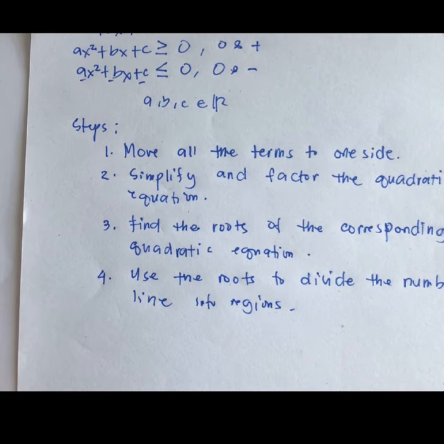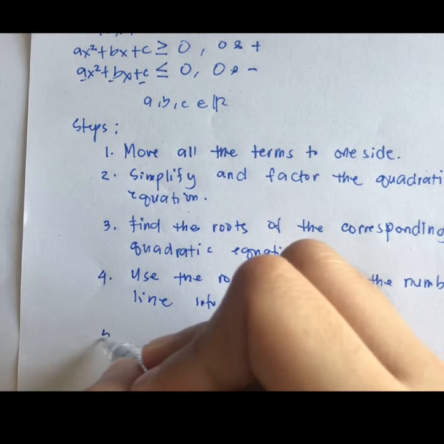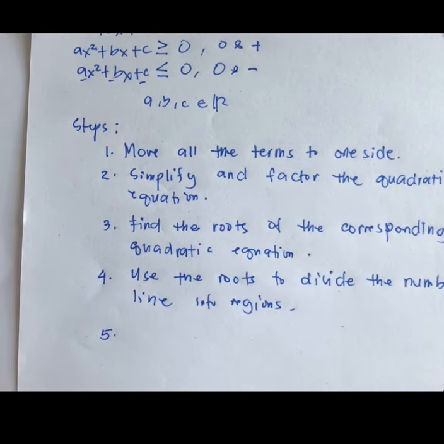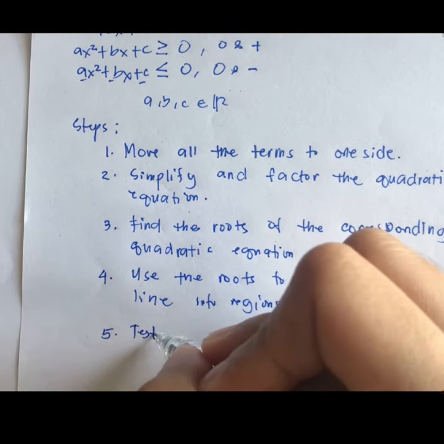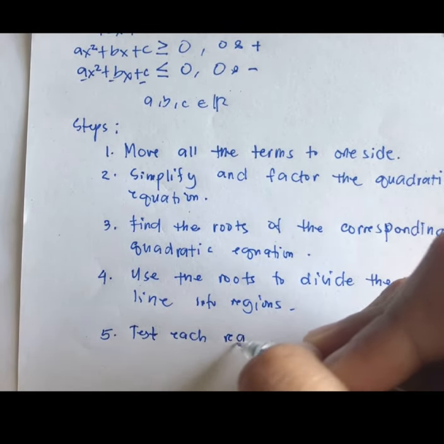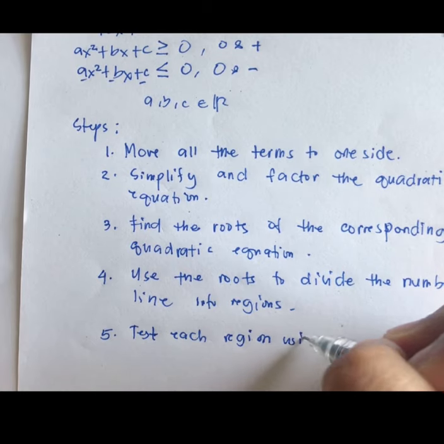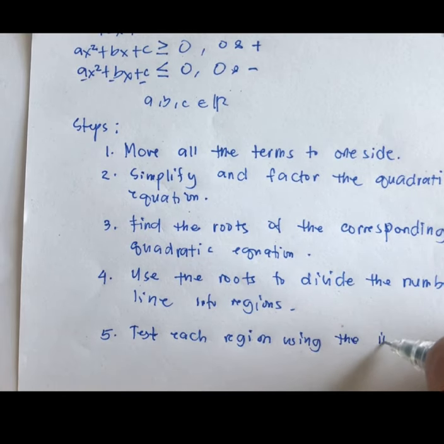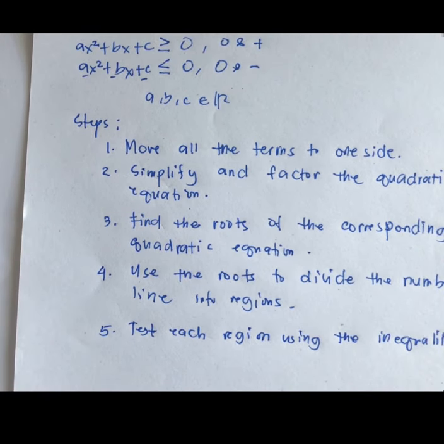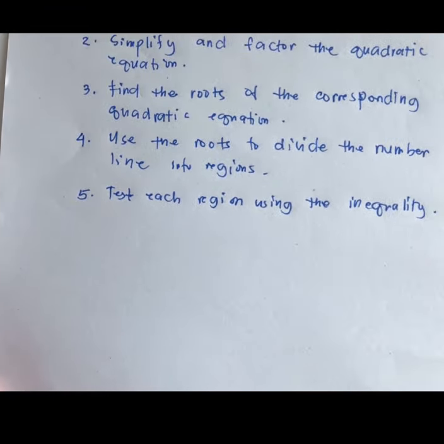That means we are going to divide. Number 5 is to test each region using the inequality. So these are the easy steps for you to solve a quadratic inequality. Now let us apply these steps to an example.